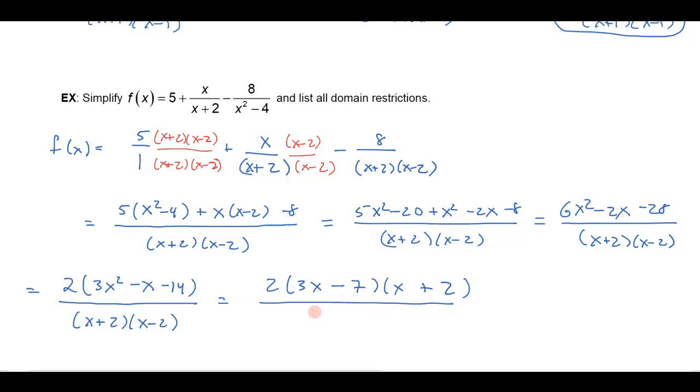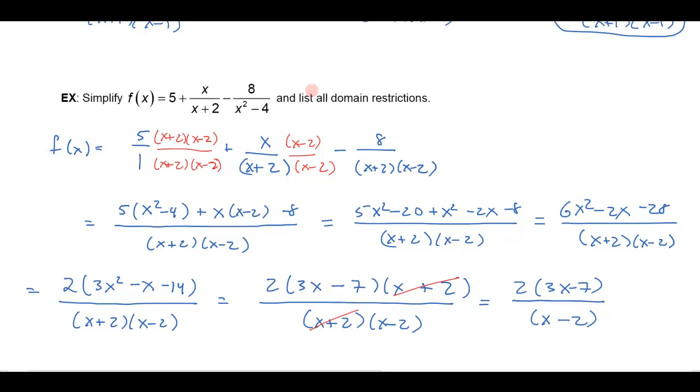Sure enough, that did factor, and notice that one of those factors is now going to cancel. So this x plus 2 is going to cancel, and so my final answer is going to be 2 times 3x minus 7 all over x minus 2.